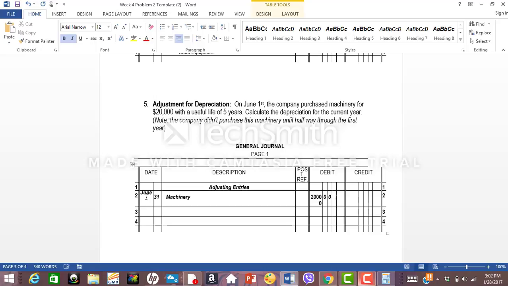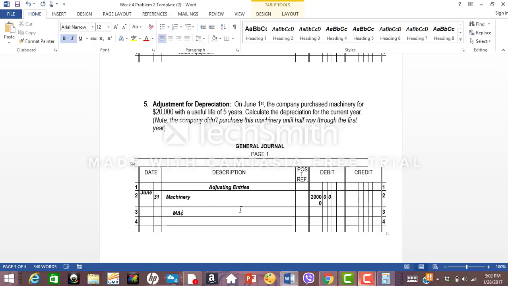And it says with a useful life of 5 years, meaning that each year would be $4,000. Calculate the depreciation for the current year. Now remember, the depreciation for 1 year is $4,000, but you're actually adjusting it on June 1st, meaning that you're half the year, so you're only doing it for 6 months, which would be $2,000.